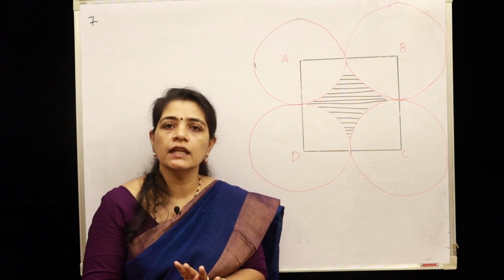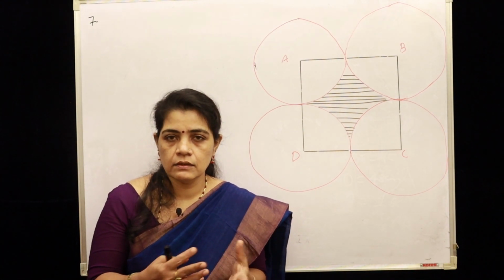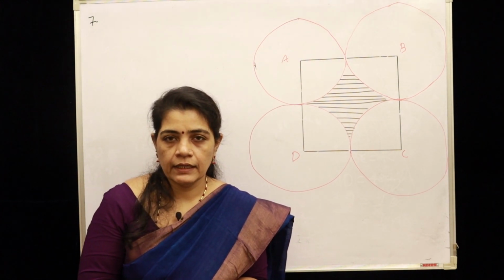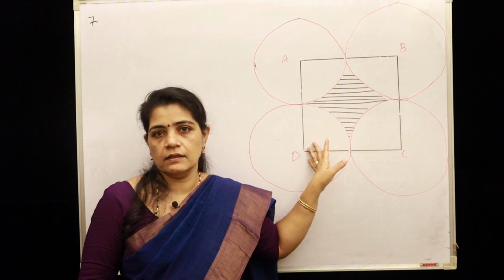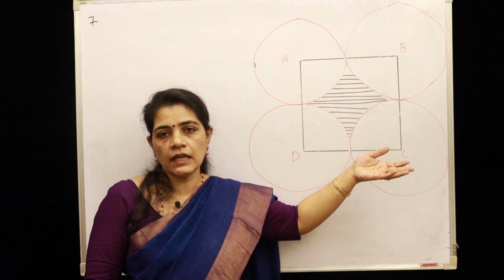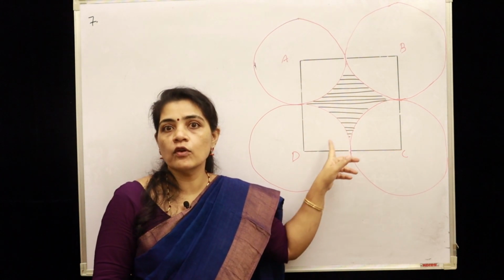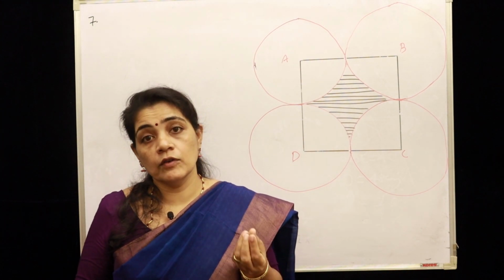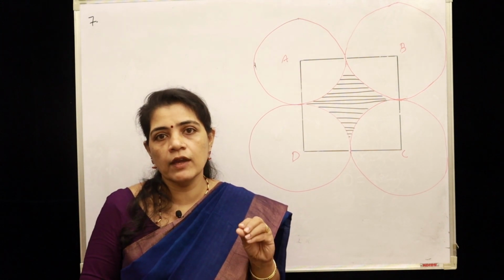Here in this question, since it is a square, each angle is 90 degrees. That means 4 quadrants should be subtracted from the area of the square. How the quadrants come is clear, children? Each angle is 90, so the area of 1 quadrant is 1 by 4 of pi r square, or pi r square by 4.